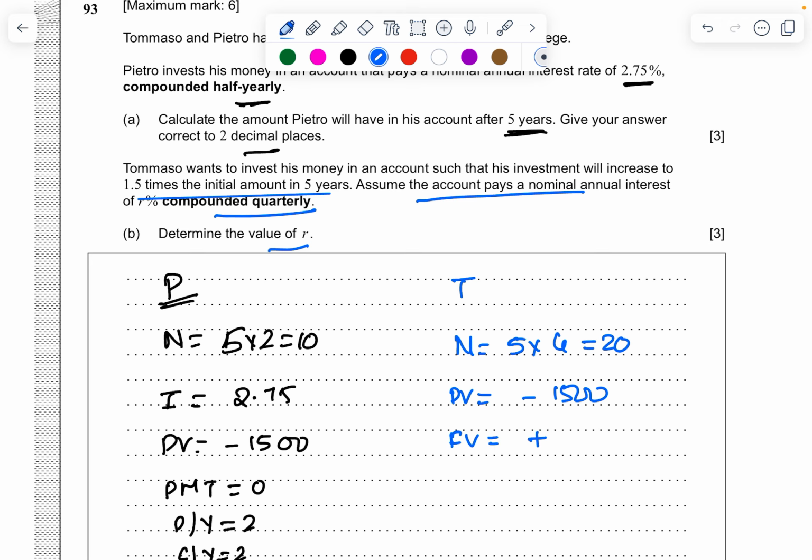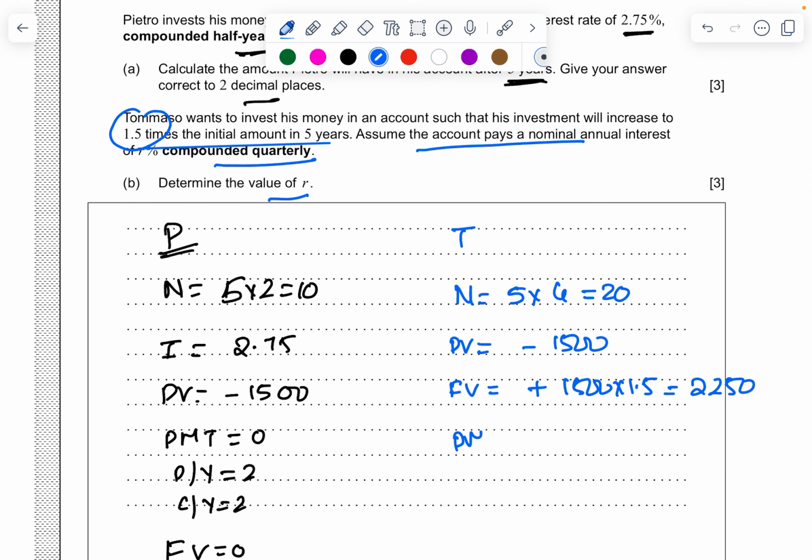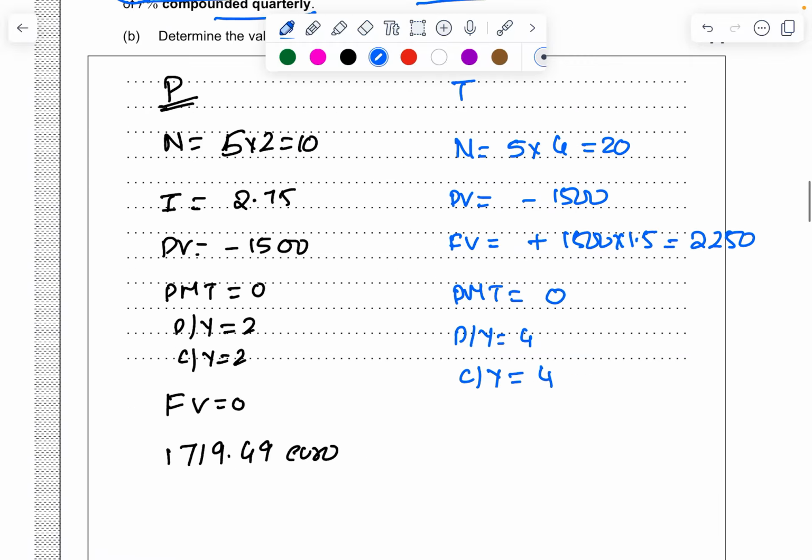Future value, he is going to get 1.5 times this, so 1,500 times 1.5, which is 2,250. PMT is not depositing anything. P per Y is 4, and compounded per year is also 4. Then you should be getting the r value as 8.19%. That's going to be the r.